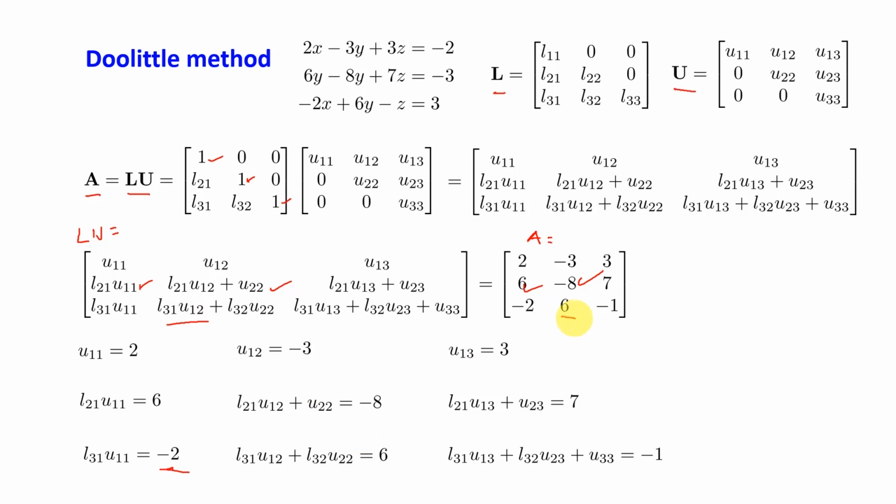First one equals 6, second and the last term equals minus 1. So now we have 9 equations, and we have a total of 9 unknowns, 3 unknowns from the L matrix and 6 unknowns from the U matrix. So we should be able to solve all of them.